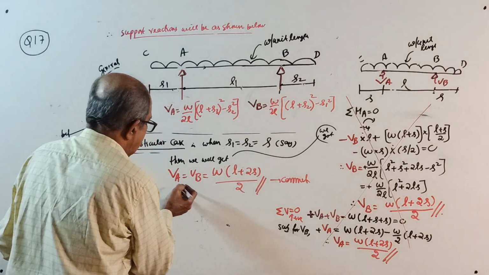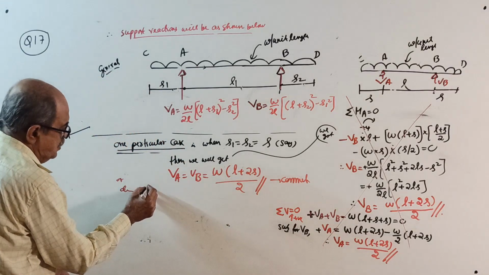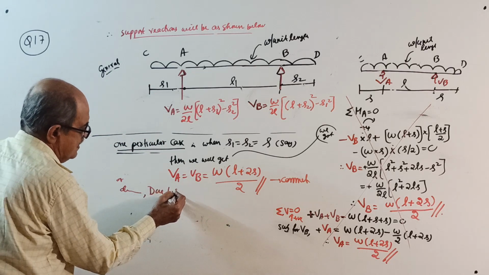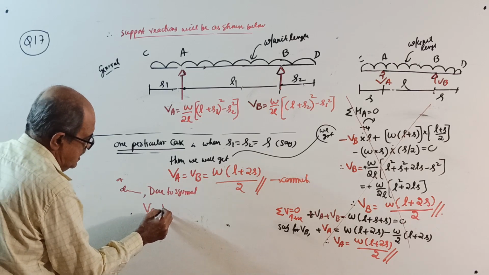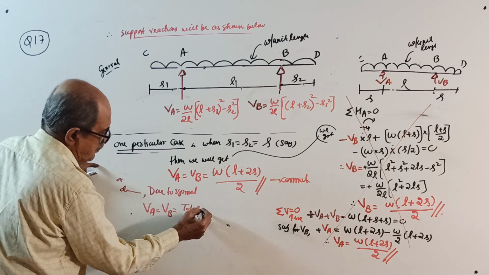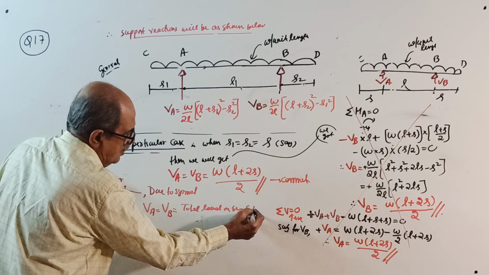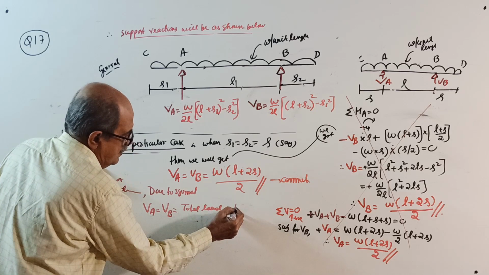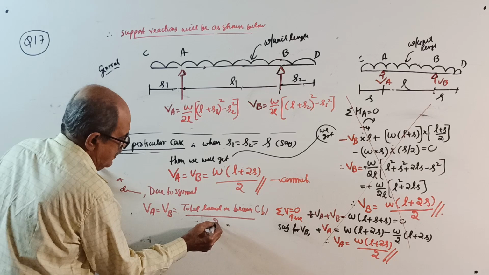In that case, directly you can tell due to symmetry, VA equals VB equals total load on the beam in the downward direction divided by 2.